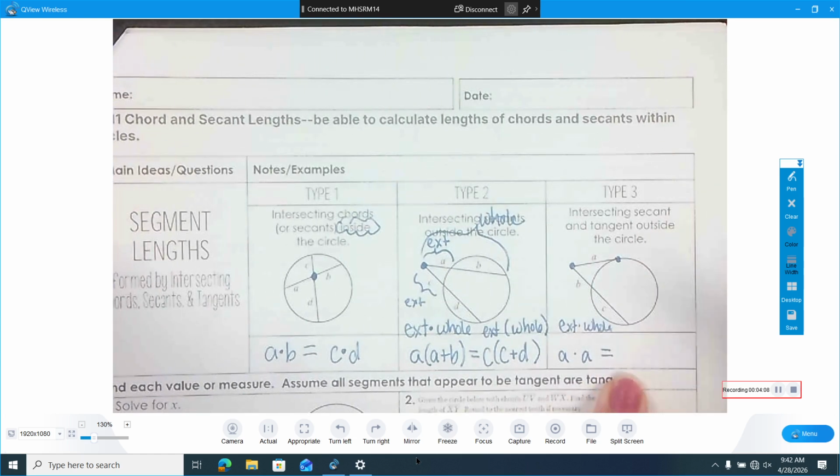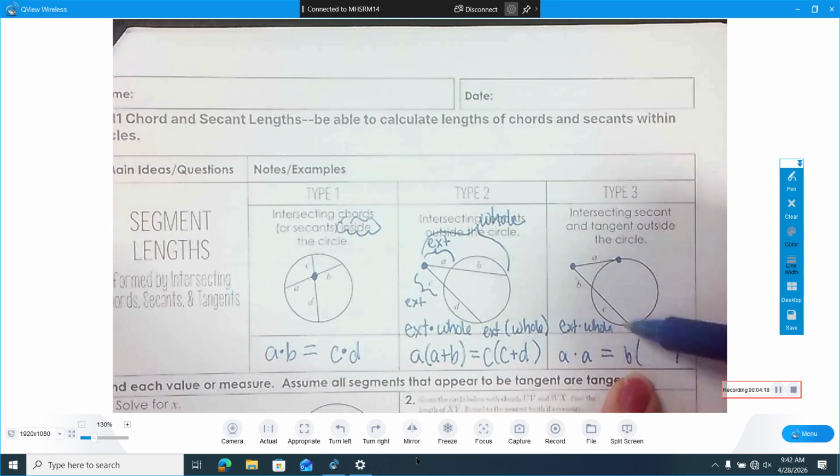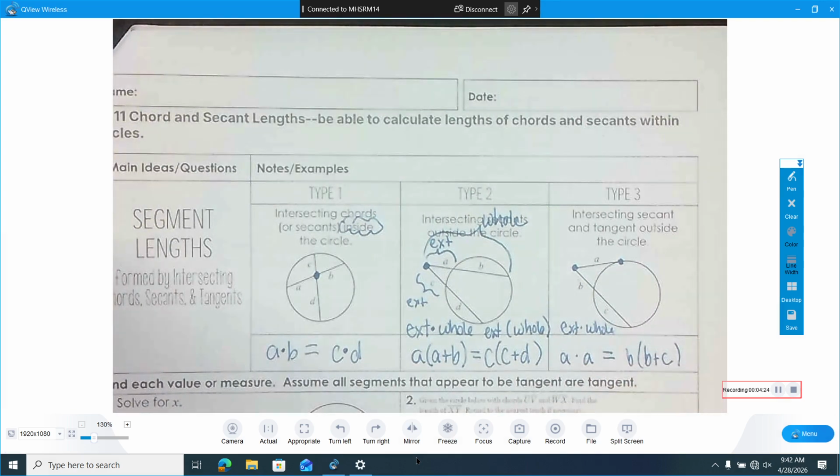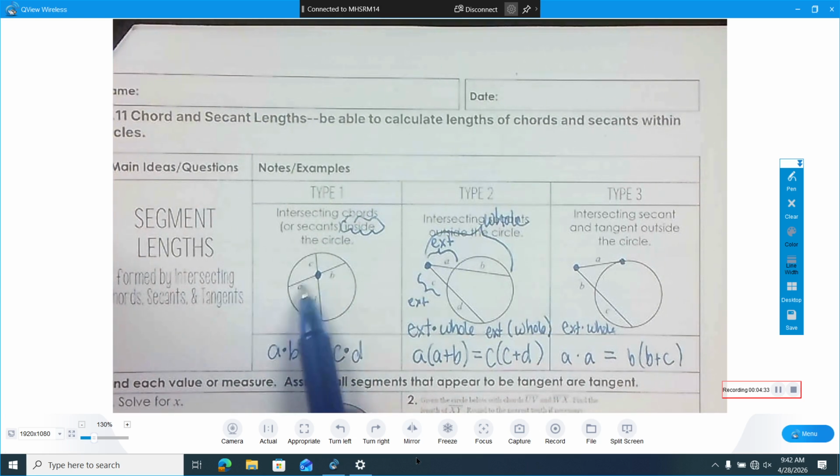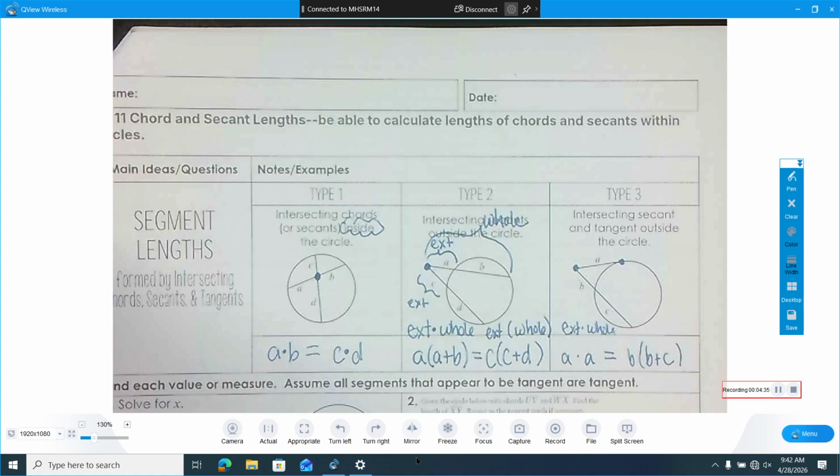That is equal to, on the other secant line, the exterior part B times the whole thing, B plus C, adding them together. So it's exterior times whole. That's all we have to think about.